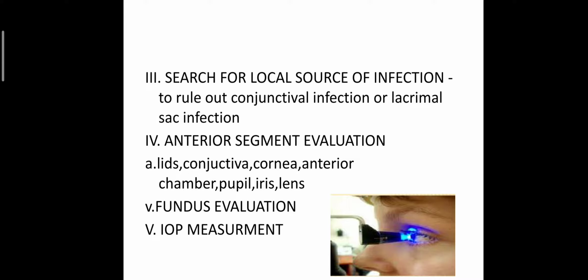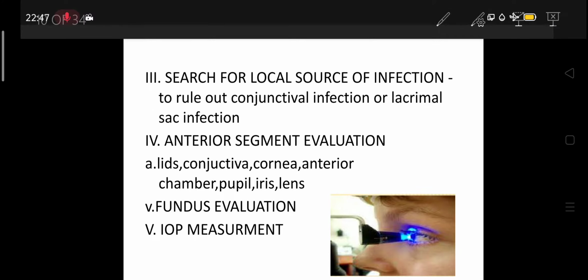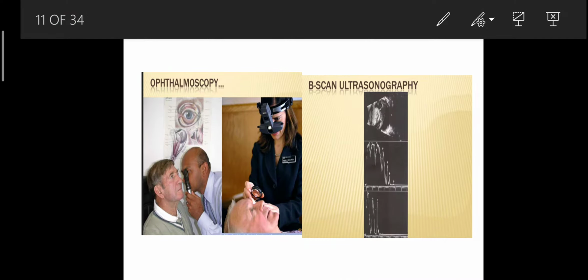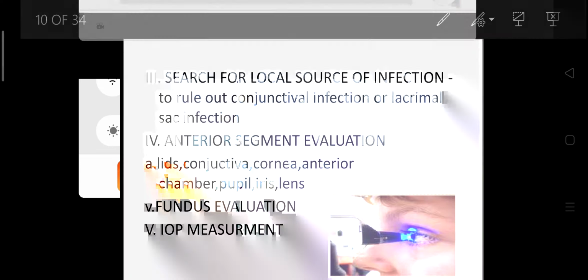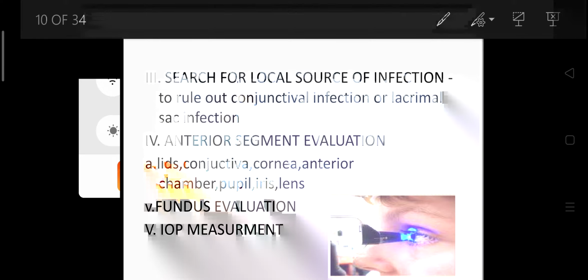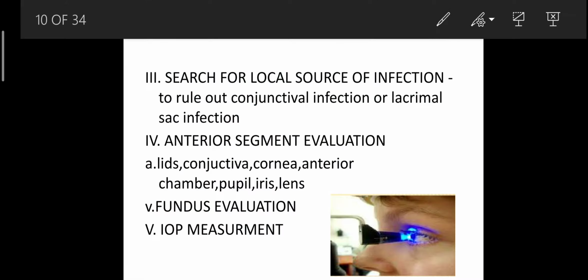It's very important to rule out any local source of infection prior to operation, as if the patient is having dacryocystitis, DCT or DCR has to be performed prior, or if the patient is having meibomitis and blepharitis, they have to be treated adequately, because they can be a source of infection post surgery.